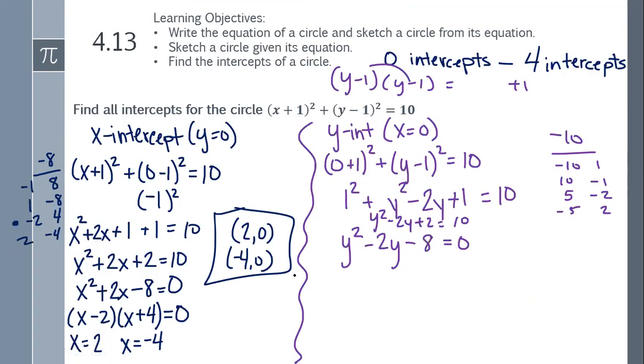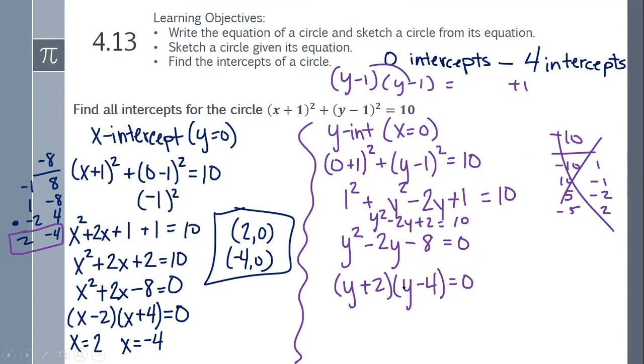So minus 8. Okay, so we're using basically the same factors, which is nice. This time I have to have them add to negative 2. So I want to use these two. So (y plus 2)(y minus 4) equals 0.